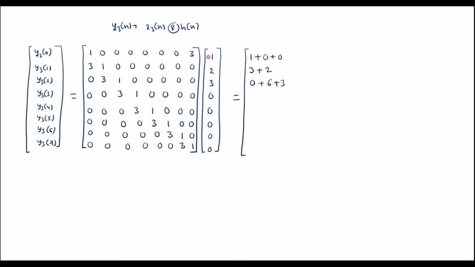Here we have 0, this is 0, 3 into 3 is 9. Next here we have 3 zeros and here rest values are 0. So here also will get 0, here also will get 0, and here also will get 0. So simplifying this, I can write 1, 5, 9, 9, rest all are zeros.